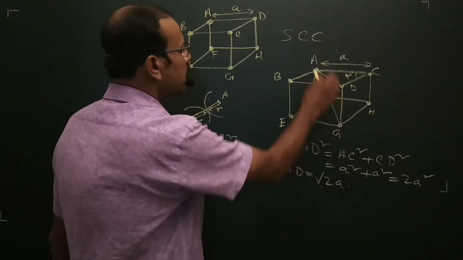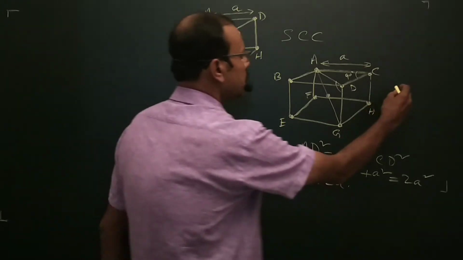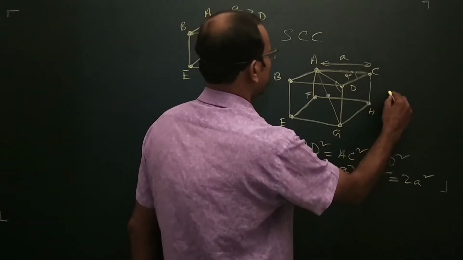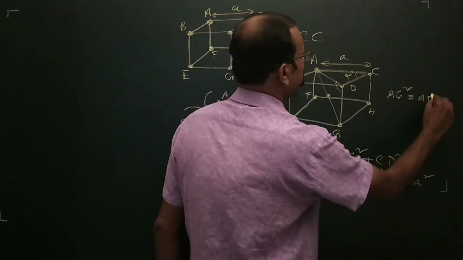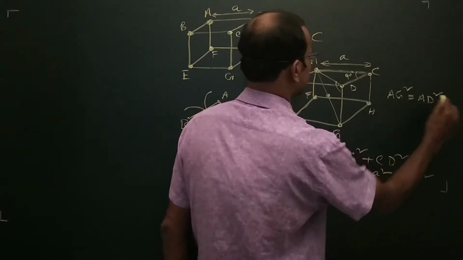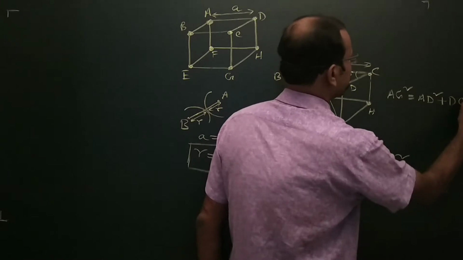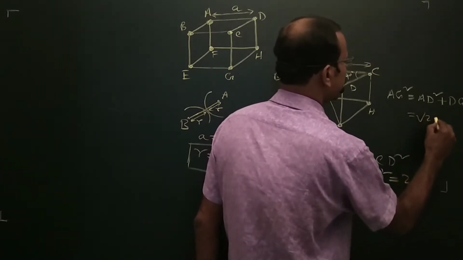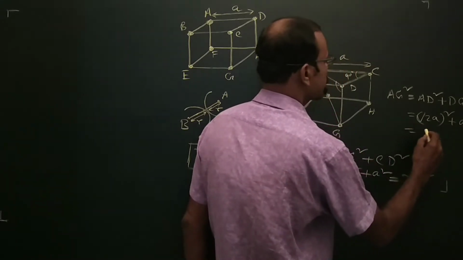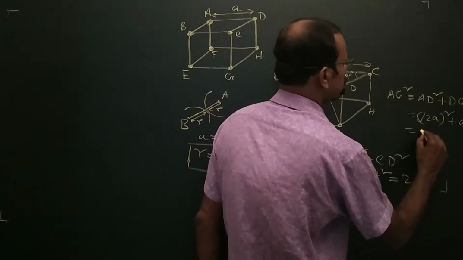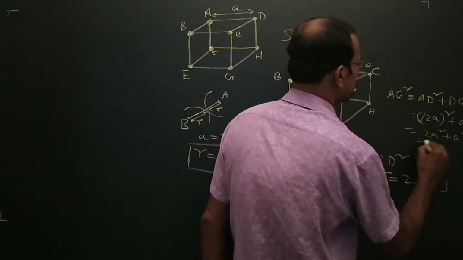Now I have to find the length of AG. Again from Pythagoras theorem, AG square equals AD square plus DG square, which equals root 2a whole square plus a square, which equals 2a square plus a square, that is 3a square.